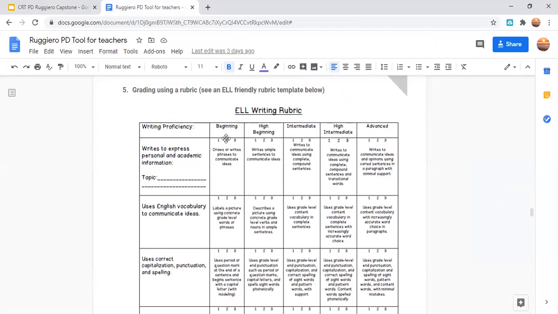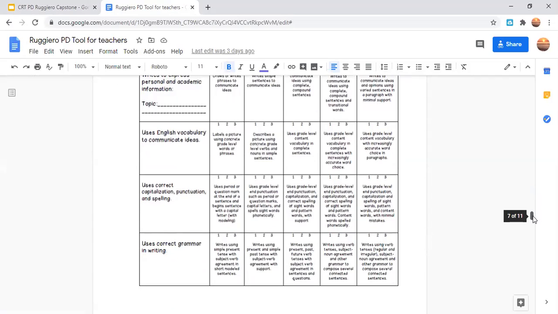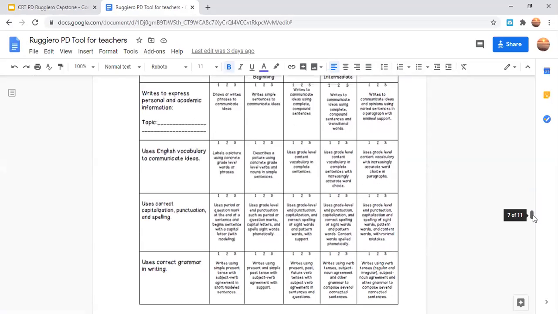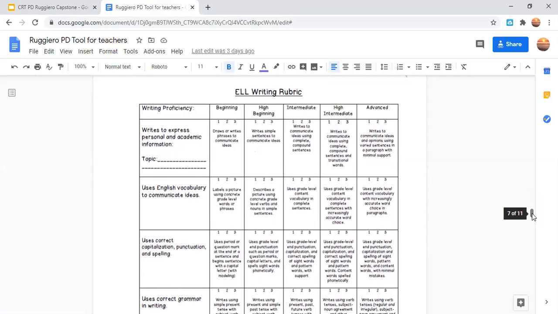But if you have a beginning EL, then you're assessing them on this and they get a 1, 2, or 3. If you have an advanced expanding student, what you're assessing them on is a lot different than a beginning EL, as it should be. So this rubric modifies your grading for them. It keeps it fair because you are grading them based on their proficiency level.